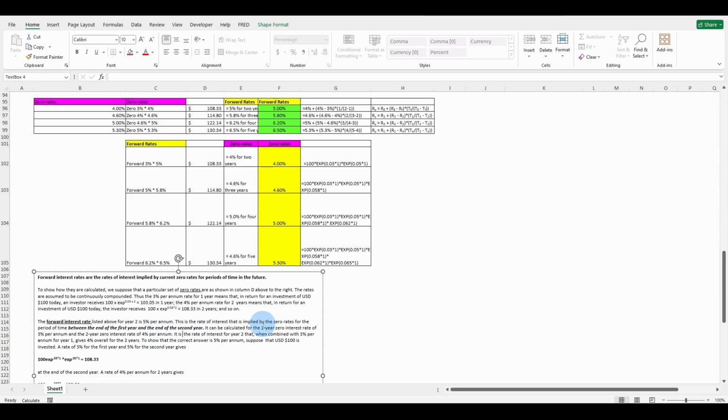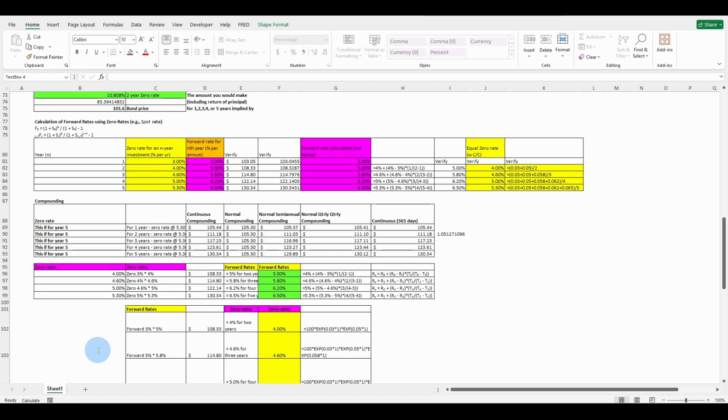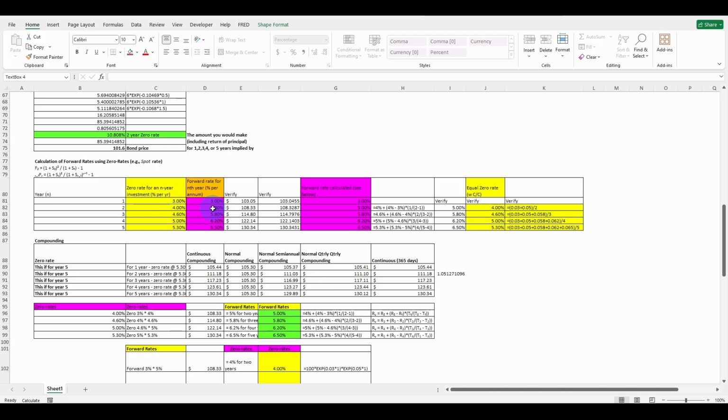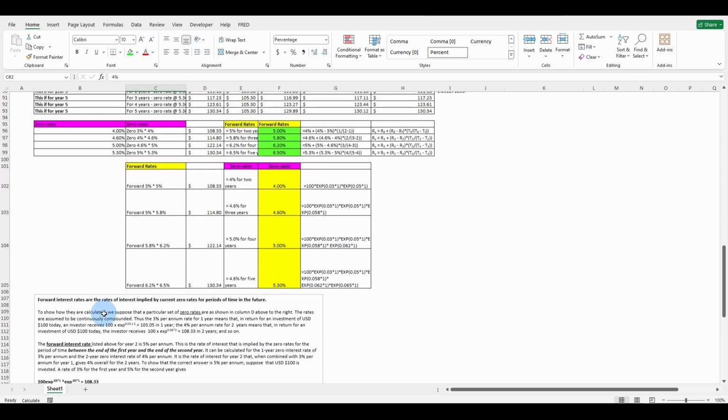It is the rate of interest for year 2 that, when combined with the 3% per annum for year 1, is 4% overall for the 2 years. We take the 3% and the 5% to get the 4%.